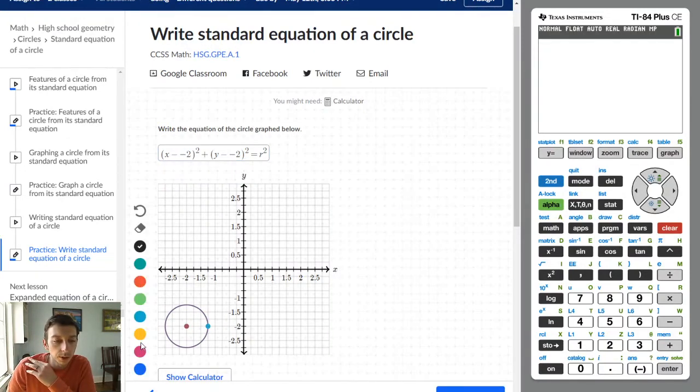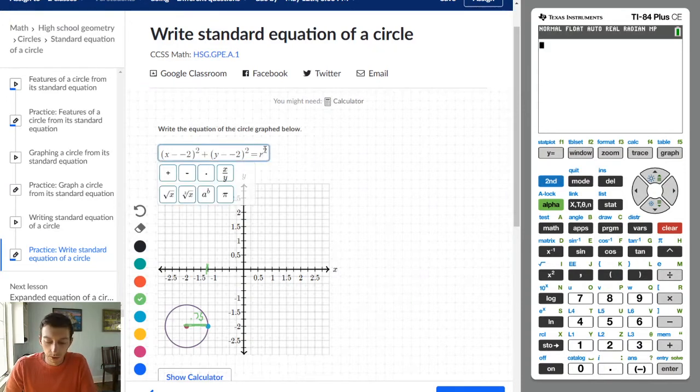This one's a little tricky, right? It's not nice whole numbers. That distance from -1.25 to -2 is 0.75. So here in the radius squared, I have to put 0.75.